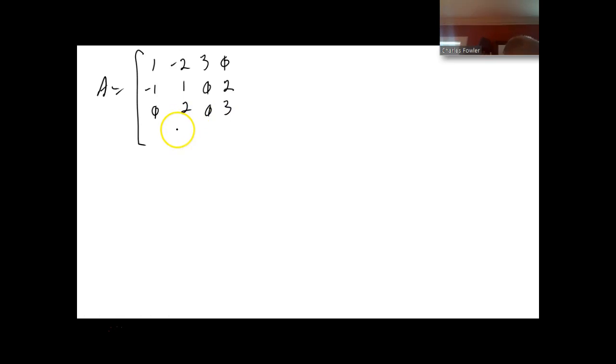And 3, 4, 0, negative 2. There's your matrix. I hope I copied it right. Looks good to me.